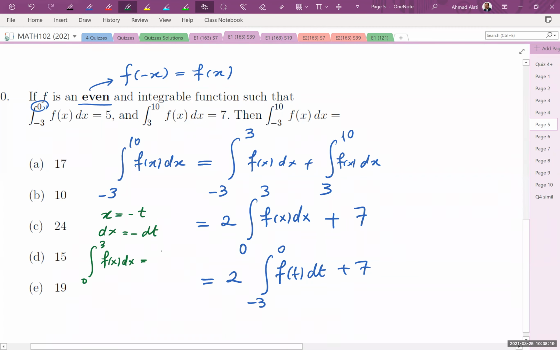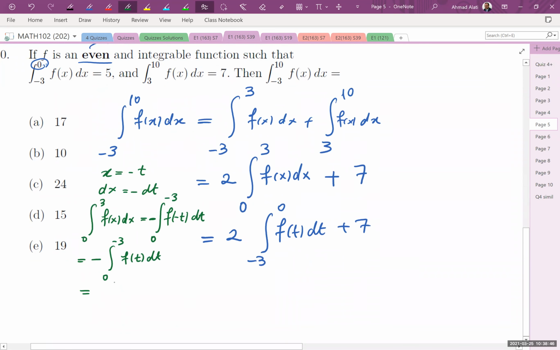dx will be the integral of f of negative t. Instead of dx, you will write negative dt, so the negative will be here. And when x is 0, this will be 0. When x is 3, it will be negative 3. This is equal to negative the integral from 0 to negative 3 of f of negative t. Because it is even, f of negative t will be f of t. Now, this is equal to the integral from negative 3 to 0.